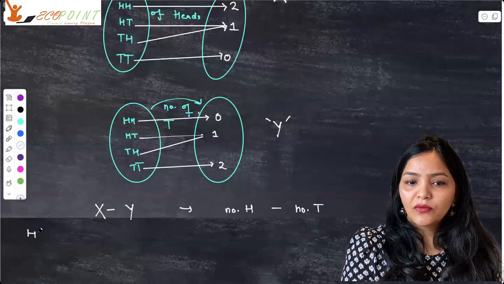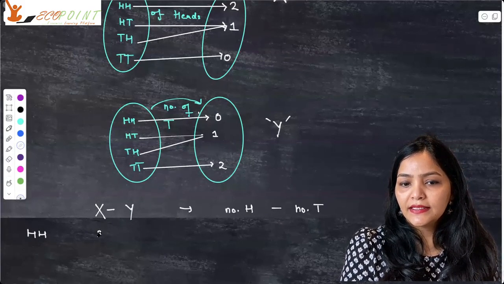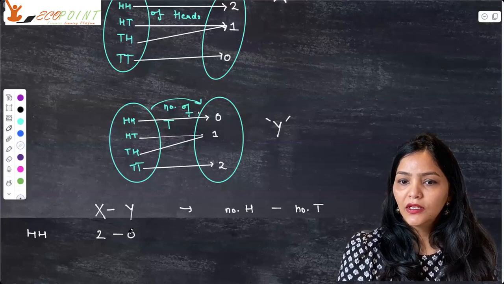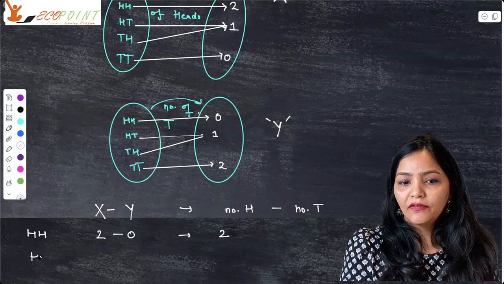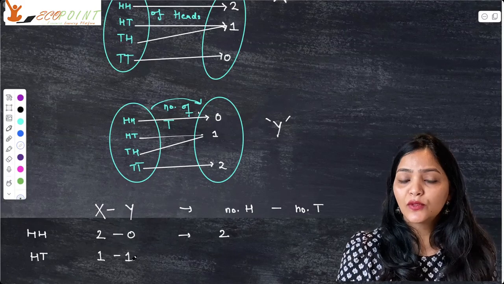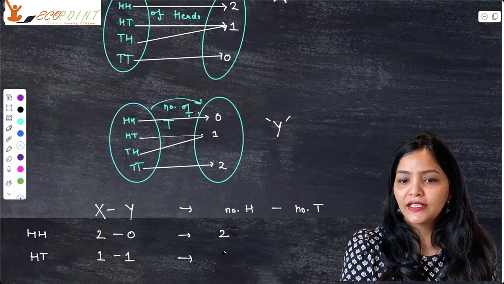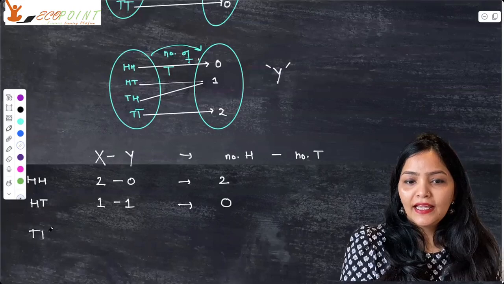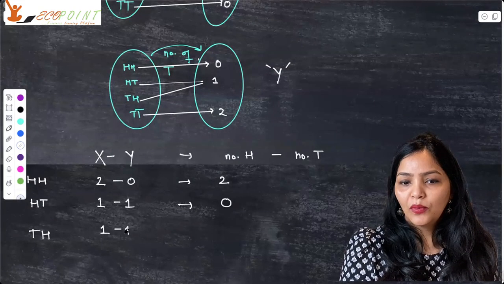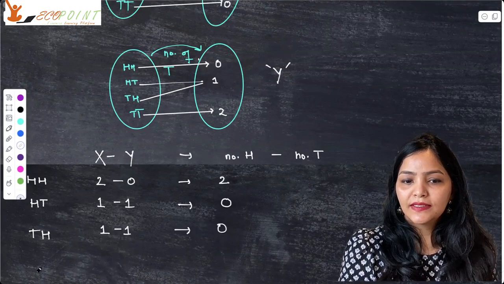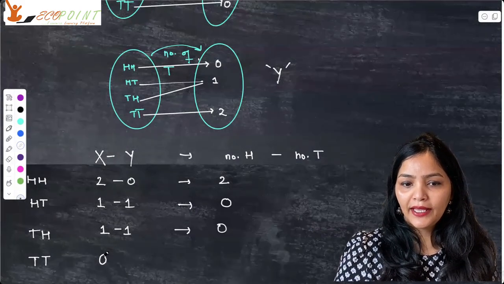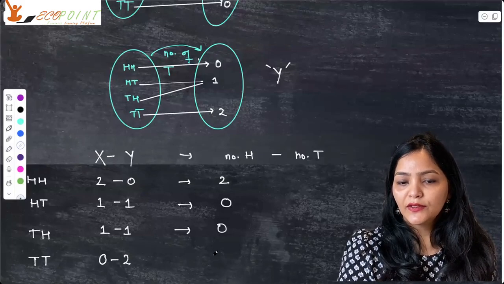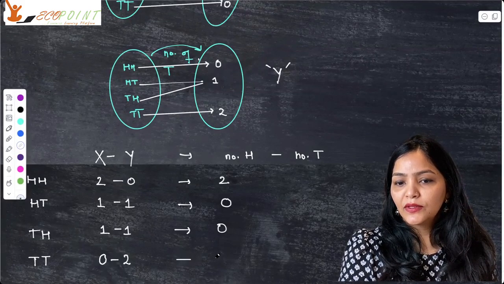Now, in the case of the outcome head head, your number of heads is 2, but number of tails is 0. So hence the value that this will generate is 2. In the case of head tail, the number of heads is 1 and the number of tails is also 1. So 1 minus 1, the value that it generates is 0. Tail head, again 1 head, 1 tail. So 1 minus 1 gives you 0. Tail tail. Now this time you have 0 heads, but you have 2 tails, so 0 minus 2 gives you minus 2.